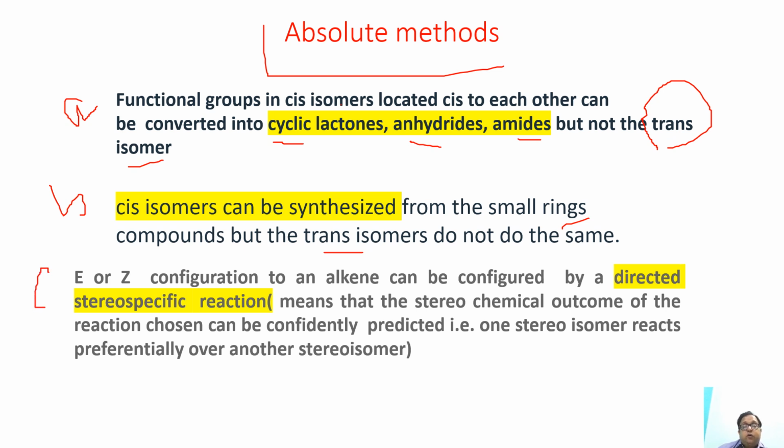Simultaneously, E or Z configuration of an alkene can be assigned by directed stereospecific reactions. We will discuss stereospecific reactions in detail in the last section of this chapter. It means that the stereochemical outcome of the chosen reaction can be confidently predicted, that is, one stereoisomer reacts preferentially over another stereoisomer.